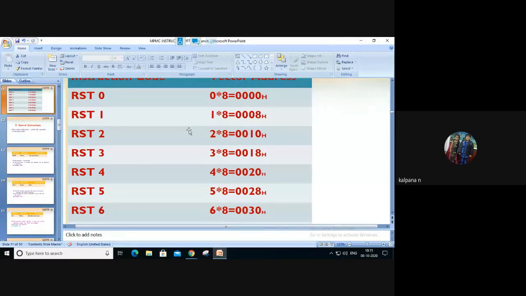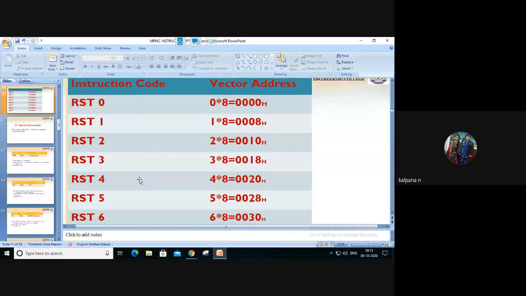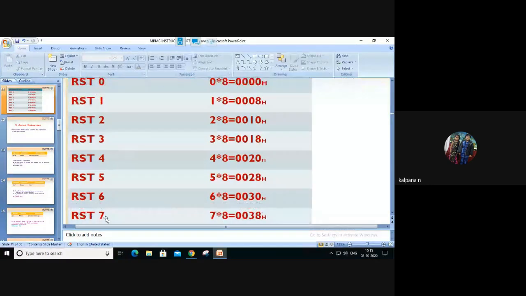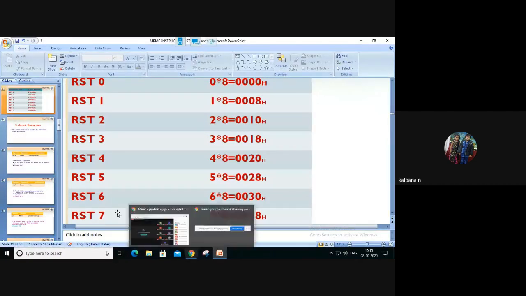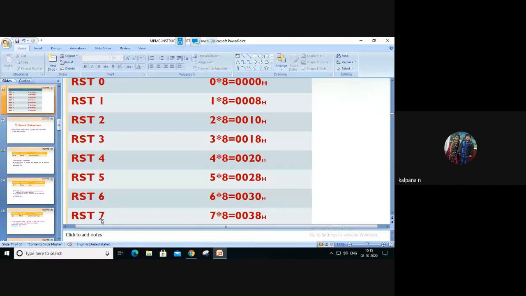Okay, so how many software interrupts are we having? 8 software interrupts, starting from 0 to 7. And how are we finding the vector address of these? The number is multiplied with 8.